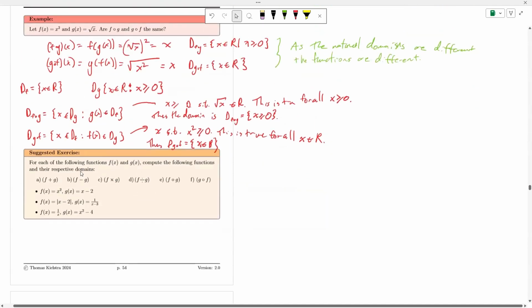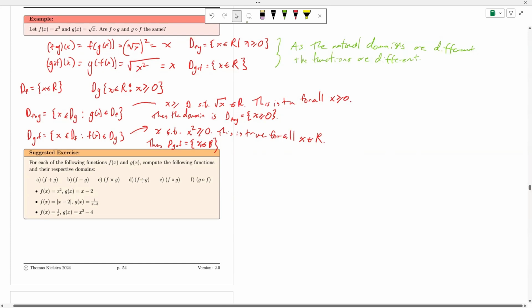And here, one of the things I always say is it's best to just practice. So here, what I'd like you guys to do is go through and do all your compositions and figure out what your domains are for all your compositions.